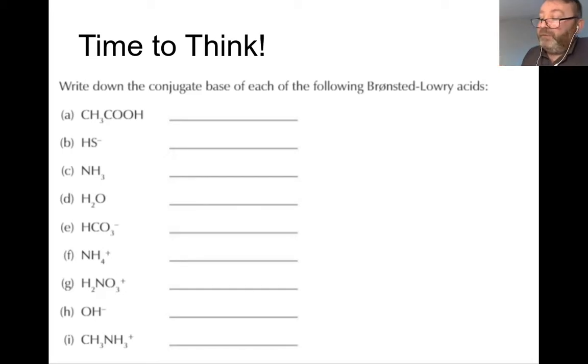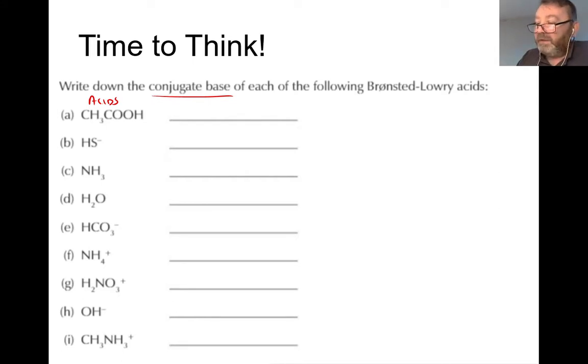So let's take a look at these ones here. Write down the conjugate base. If you're to write down the conjugate base, that means that all of these starting points are acids. So if you want to get the conjugate base, you're going to start with the acid. If all of these are acids, then under Bronsted-Lowry theory, what do acids do? They donate protons.